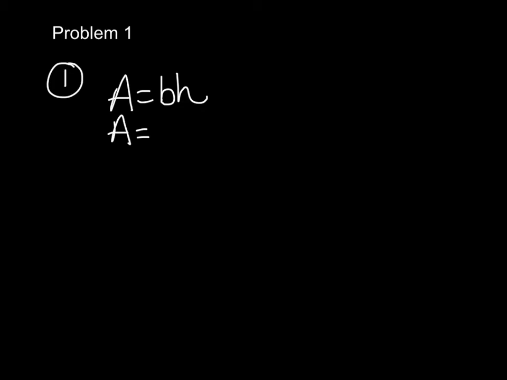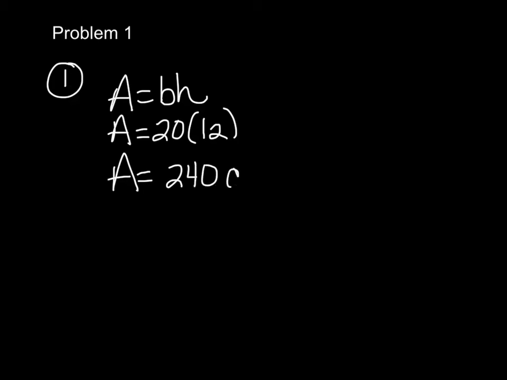So we know the base would be 20, and the height would be 12. So we take 20 times 12, and that gives us an area of 240 squared centimeters.